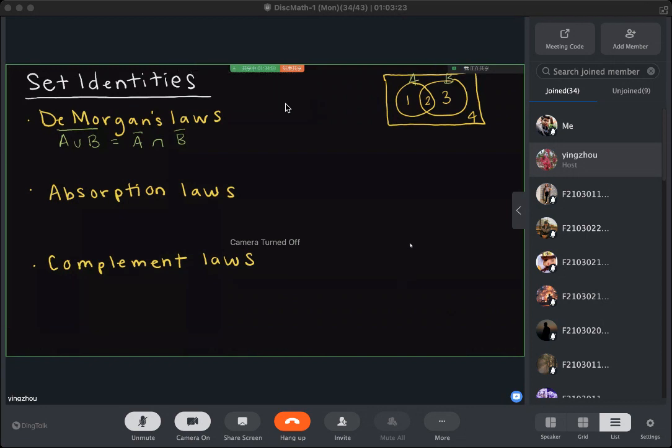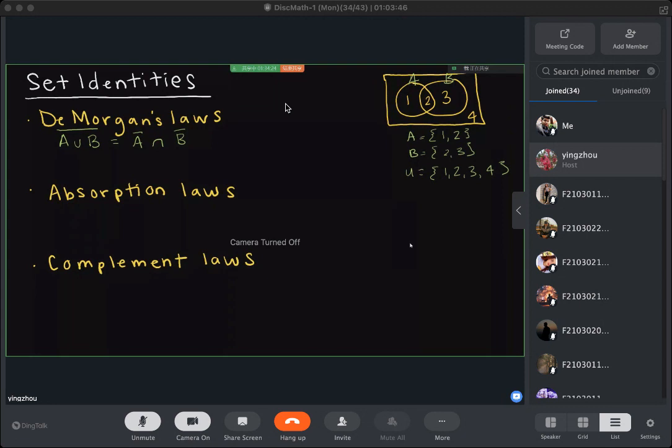Looking at this, set A includes elements 1 and 2. Set B includes the elements 2 and 3. Set U, the universe, includes only 1, 2, 3, 4. So those are the only elements that I'm dealing with.